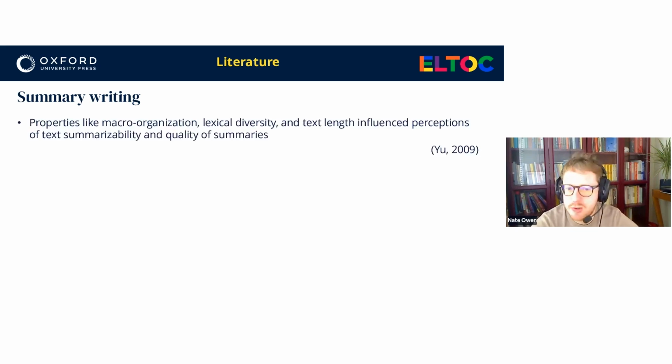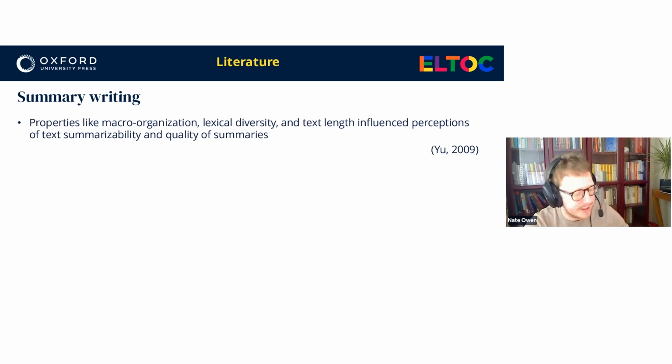Looking at some of the literature, we wanted to think about what exactly it means to write a summary of a piece of text. So a reading into writing activity. It requires a transformational approach to a piece of text in some way. So what factors can influence the difficulty of this?